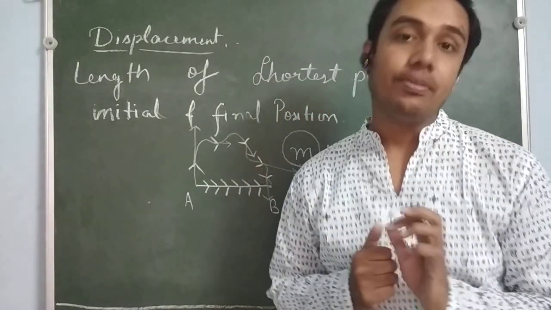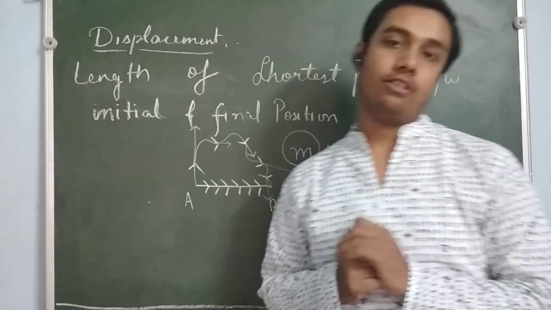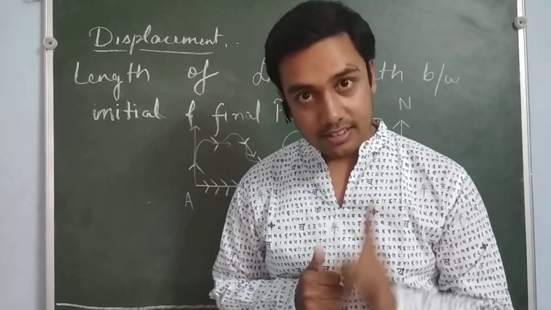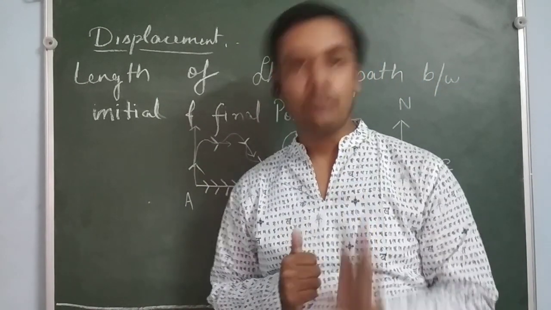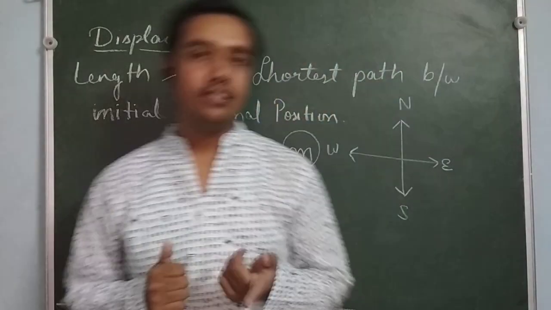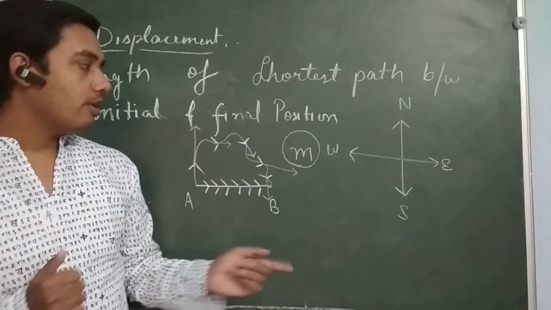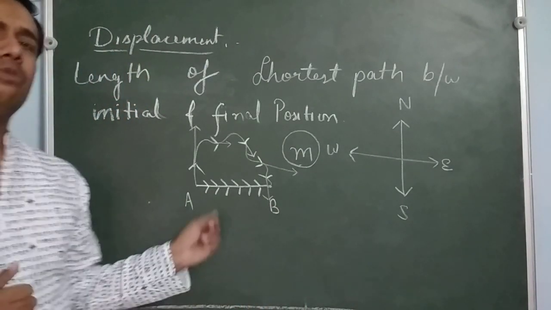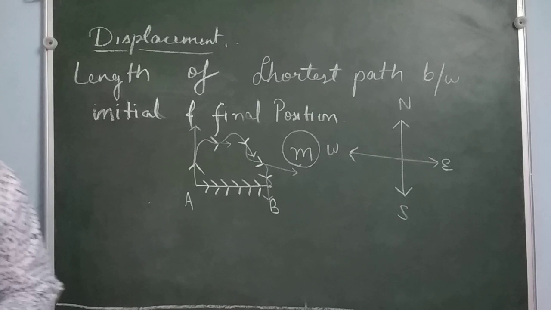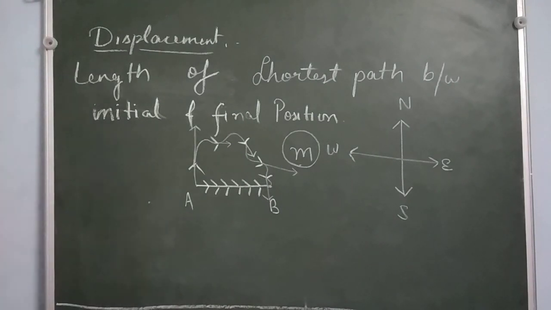But the same thing doesn't happen in case of displacement. In case of displacement, there is a chance that if the object has moved, still displacement can be zero, है ना. In order to prove that, we will go to a very simple example that I will be telling you, है ना. You just look at that example.